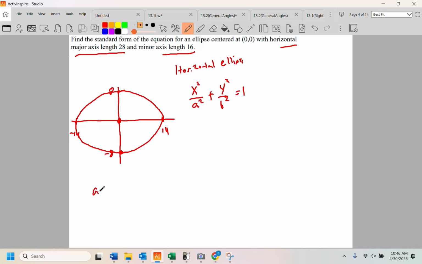Now, a is the major axis radius, okay? b is the minor axis radius.